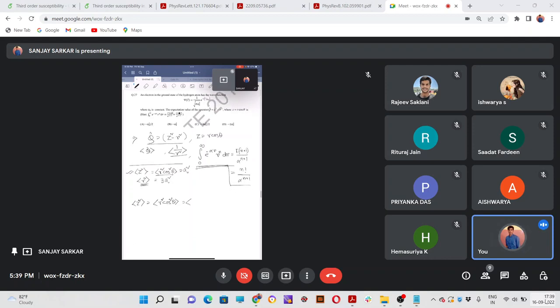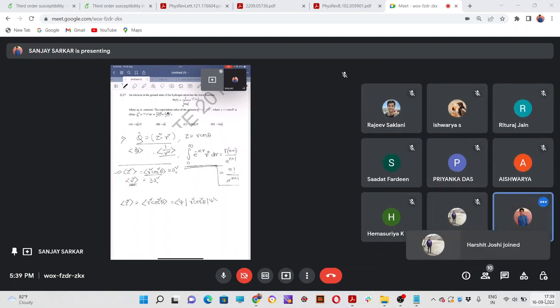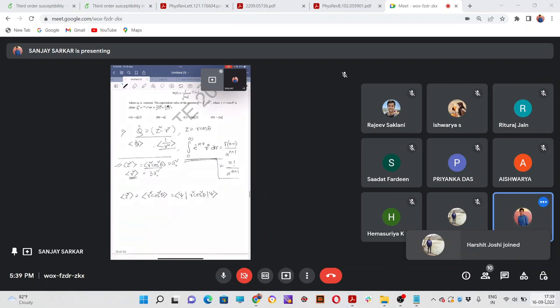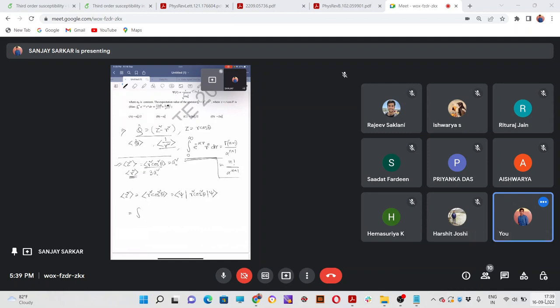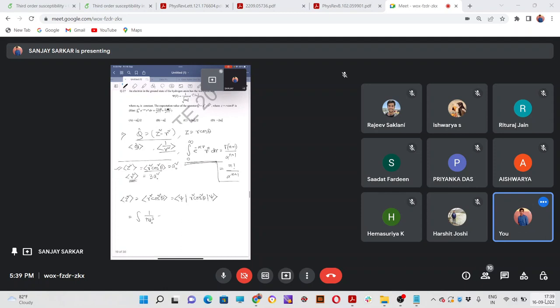Similarly, it is the ground state wave function, so this is 1 by pi a naught cube e to the power minus twice r by a naught, times r square cos square theta, and the volume element which is r square sin theta dr d theta d phi.